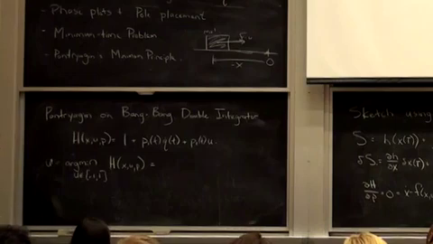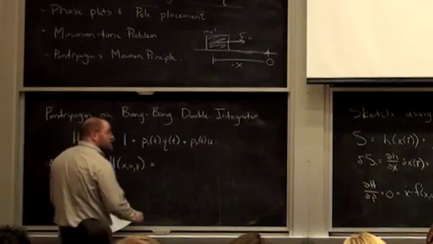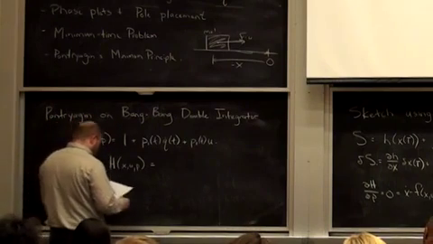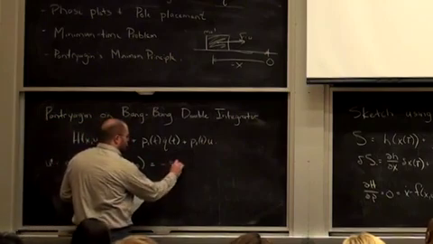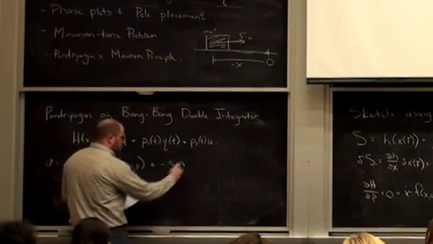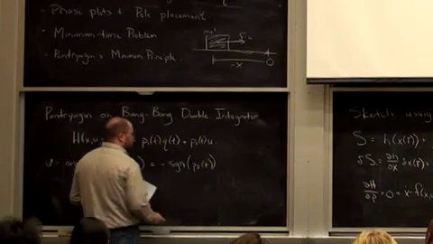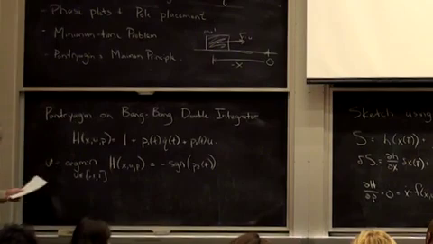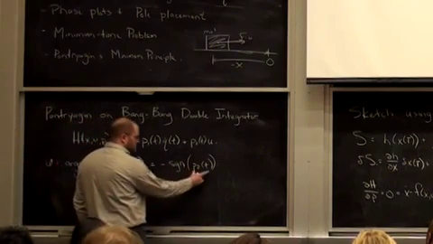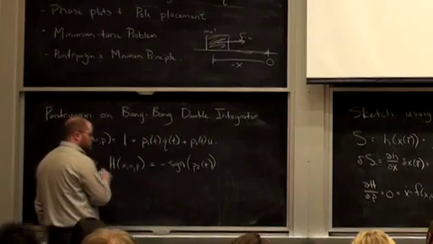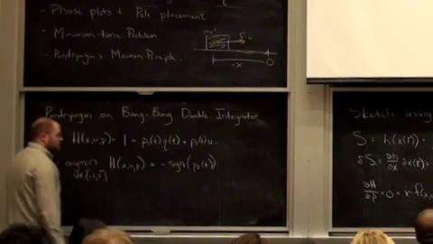Okay. So it turns out our same policy that we worked hard for works out to just be negative sign of p2 of t. The sign function is just 1 if it's greater than 0, -1 if it's less than 0.